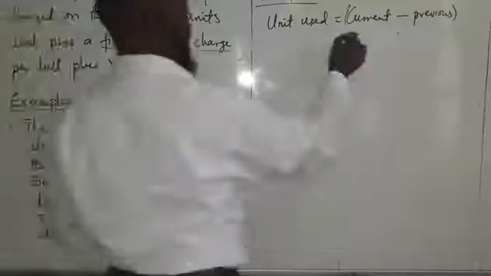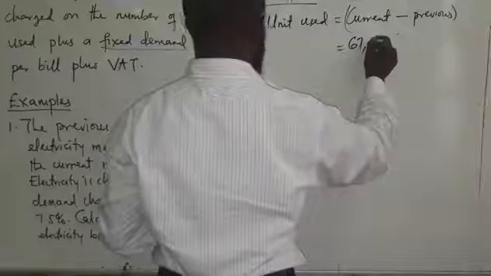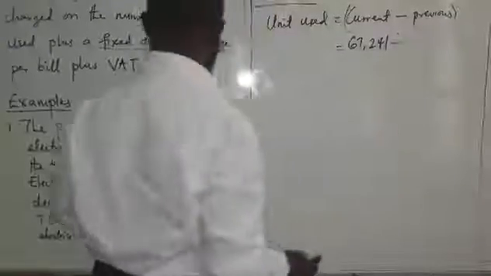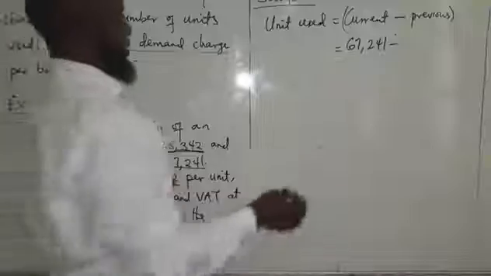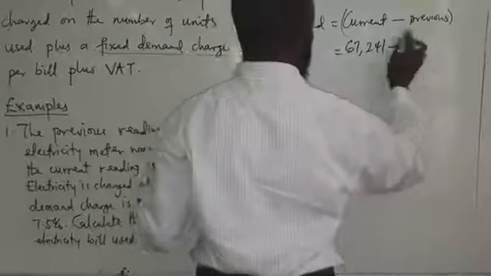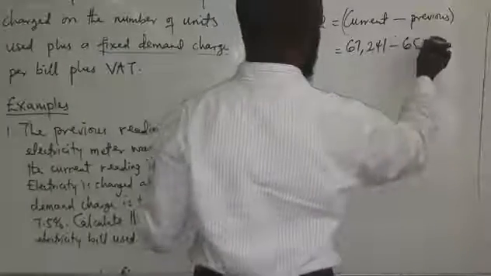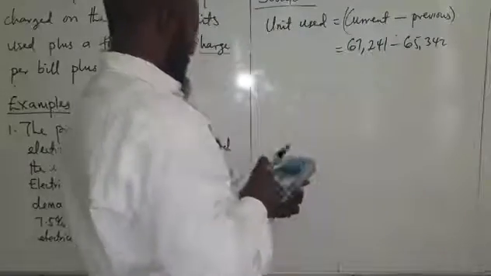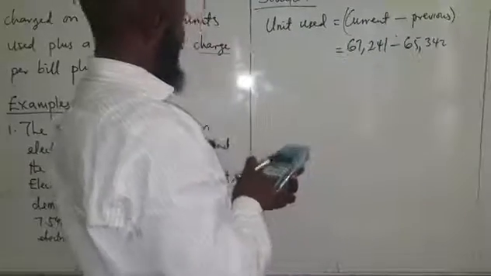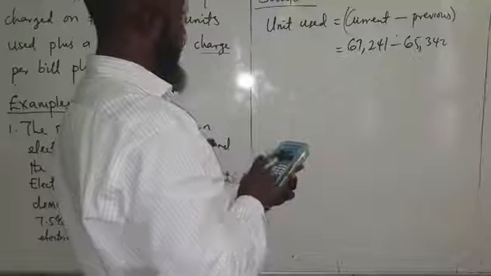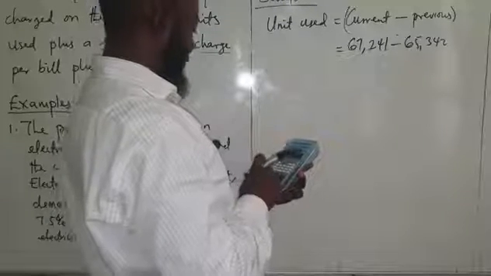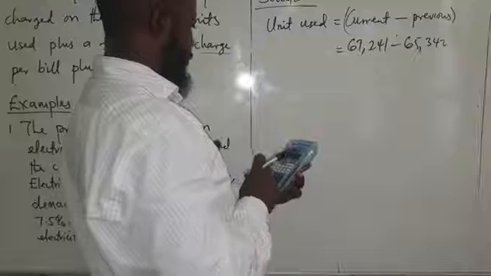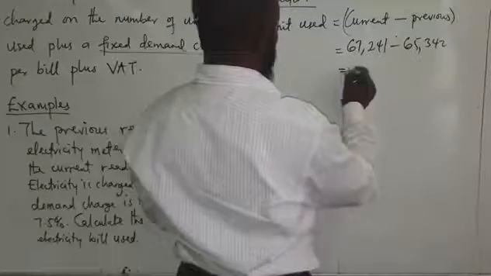So what's the current reading? Which is 67,241 minus the previous reading, which is 65,342. So let's calculate that. 67,241 minus 65,342 gives us this.